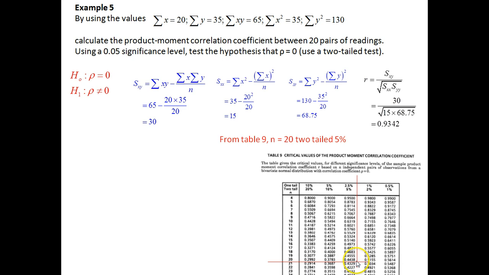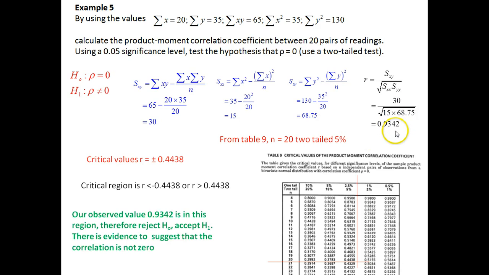That is the value of our critical value of R, plus or minus, being as it's two-tailed. So our critical region is below minus 0.4438 or above plus 0.4438. Our observed value is well within this region, so we reject H0, accept H1. There is evidence to suggest that the correlation is not zero, even though we could see that from the value anyway.